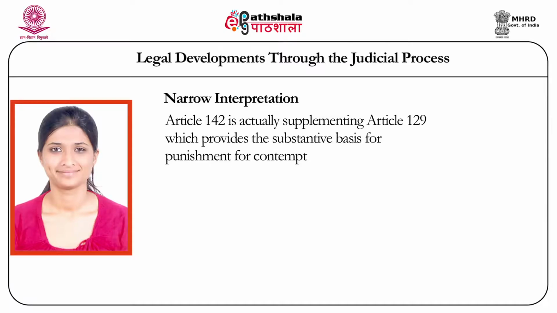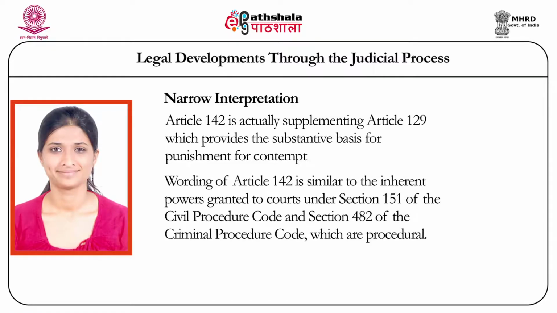Further, they argue that the wording of Article 142 is similar to the wording of the inherent powers of the court provided in Section 151 of the Civil Procedure Code and Section 482 of the Criminal Procedure Code. Since the powers in the civil and criminal codes are procedural powers, it is argued that the power under Article 142 is also procedural. Now let us look at some case law that argues in favor of a narrow interpretation.